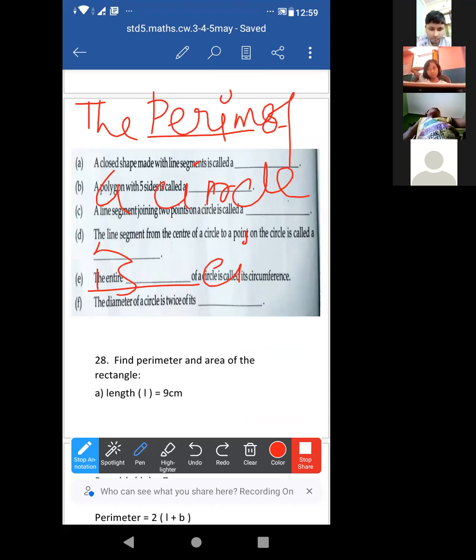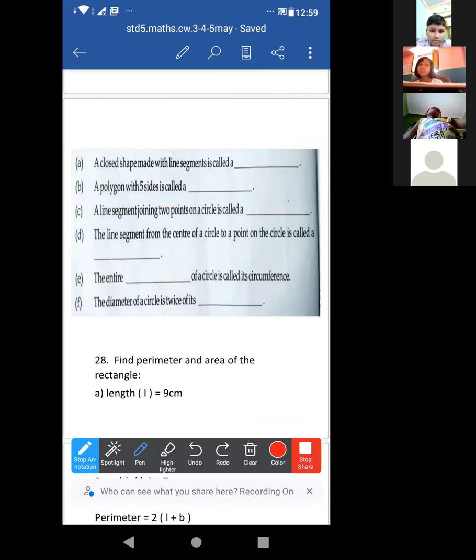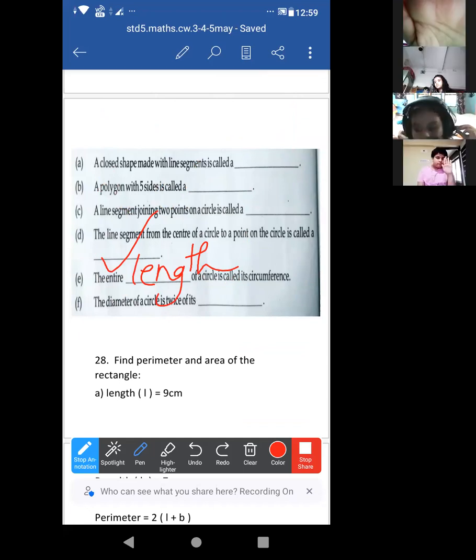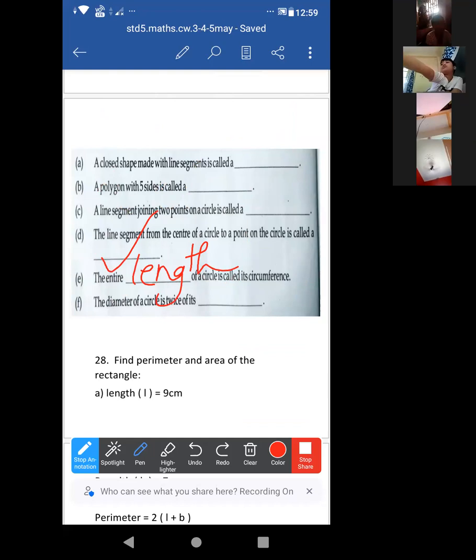But as the word entire is given over there, then only you will write length. It is clear to all of you? Ashmita, clear? Good. Trisha. No doubt is there, I think.